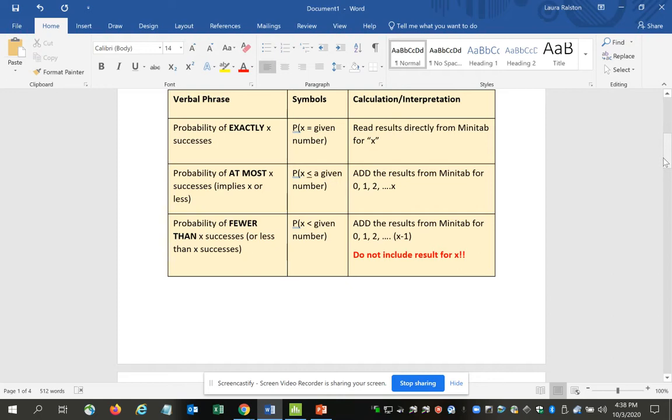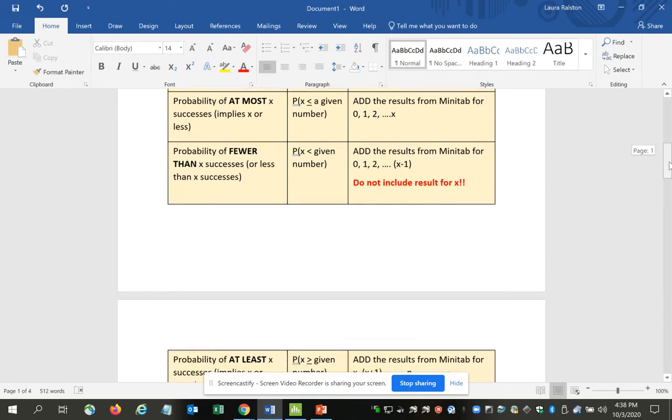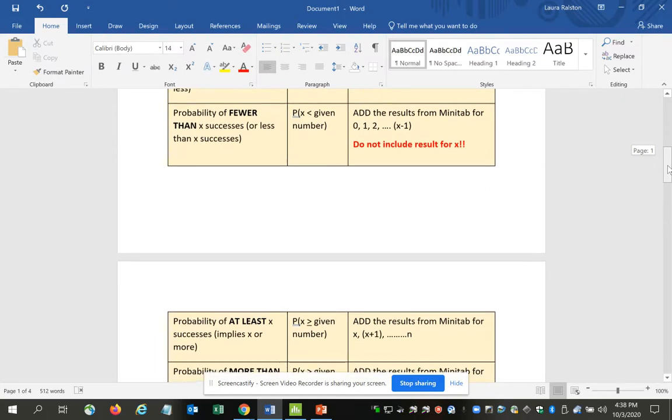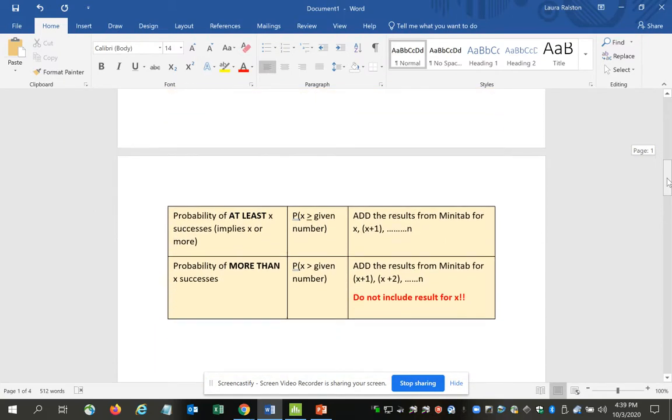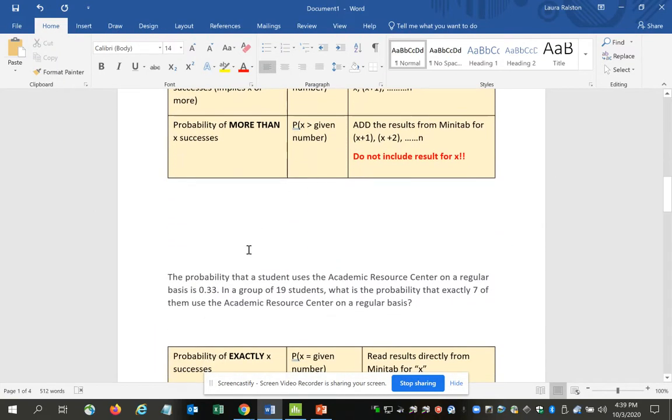I cannot even do these problems without referring to this particular table, because it helps me know what pieces of information I should read or calculate within MINITAB. So this table needs to become your friend. Okay, let's move on to some examples.